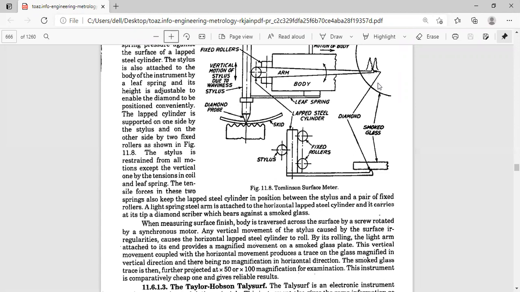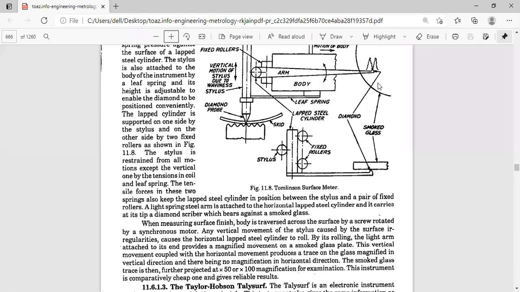Suppose the vertical magnification is 100x, already I told you the horizontal one will be half, x50. That's why in this particular instrument, in the principle of working, you are specifying both the mechanical movement and the optical movement. So that is very important.